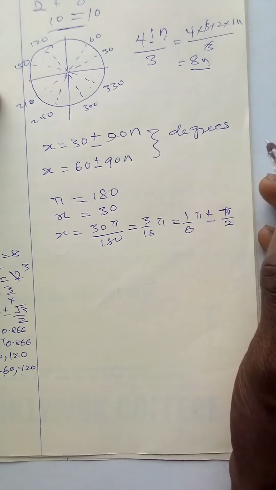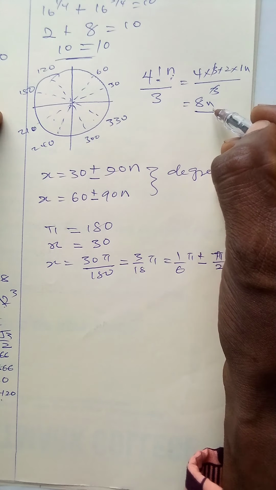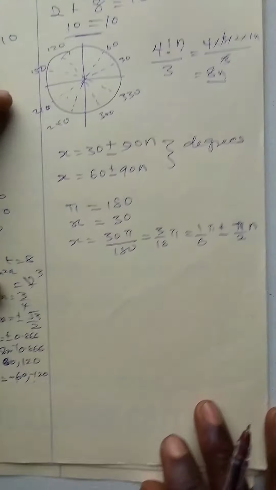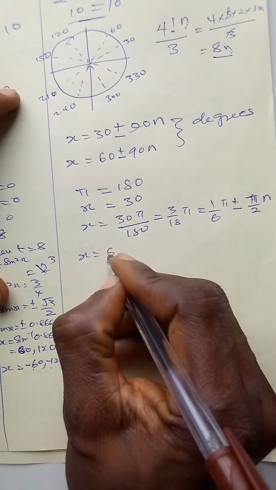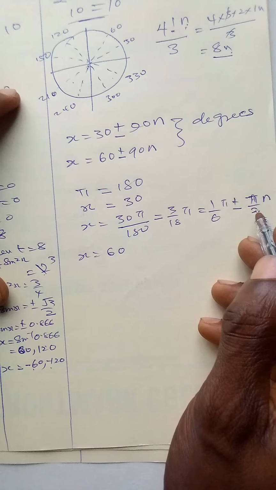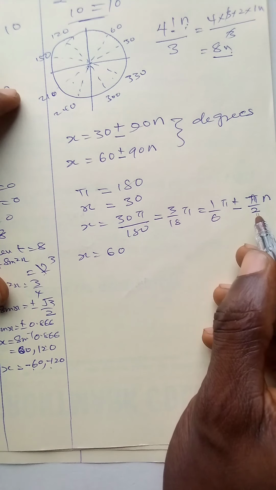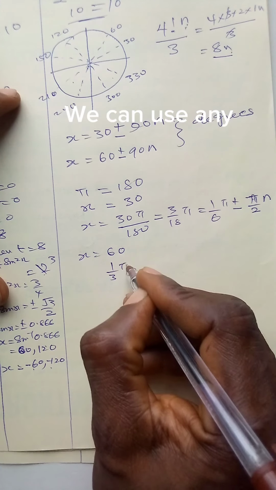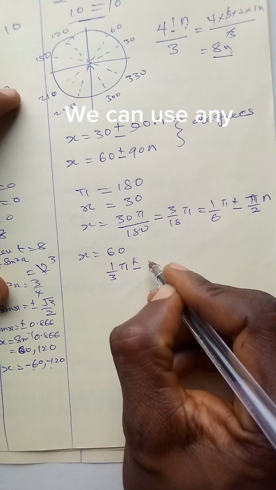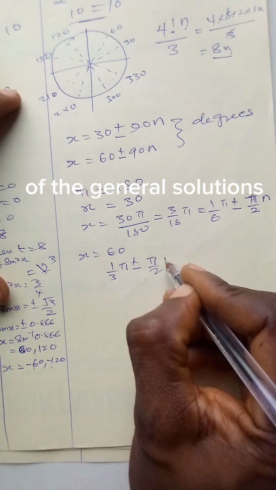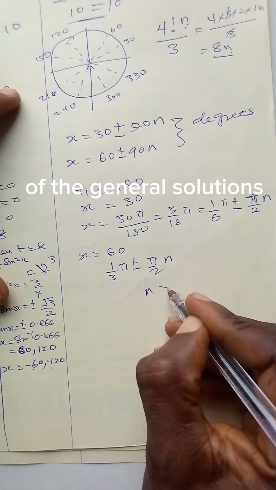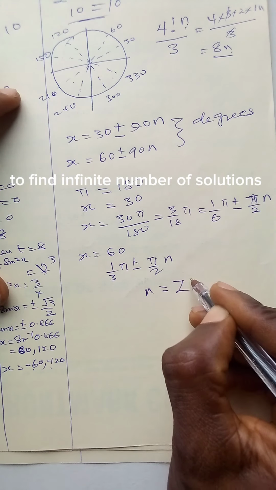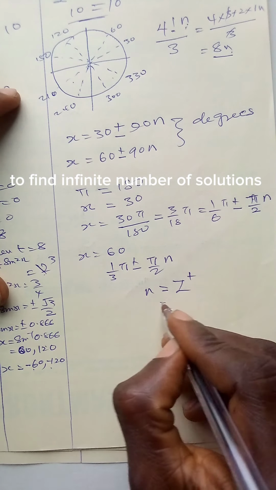Let us remember that we have a whole number, n. We can put our n there. Also, when x is equal to 60, I can also have an expression of the solution point in radians. So it becomes 1 over 3 pi plus or minus pi over 2 n, where n is a member of the set of positive integers.